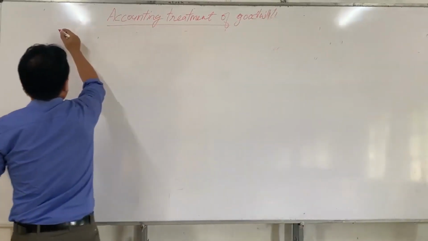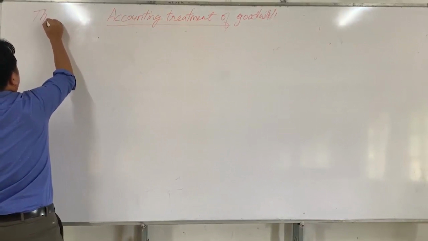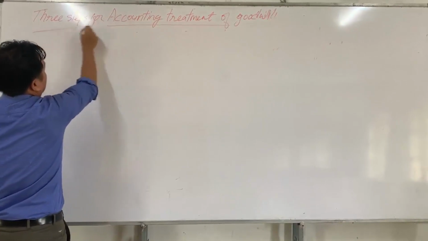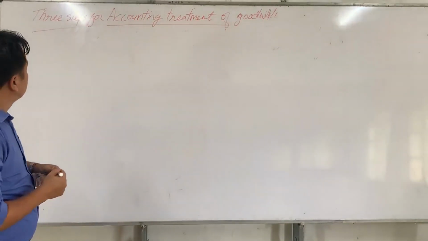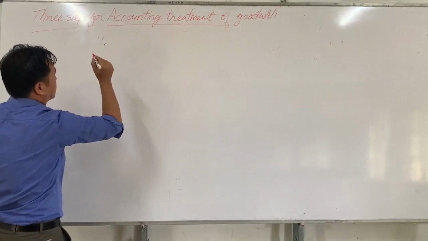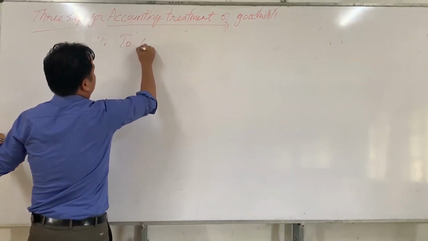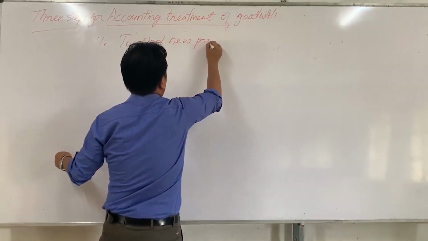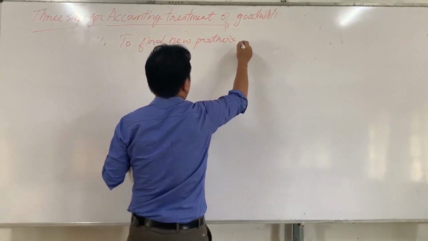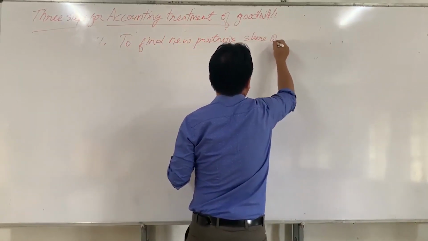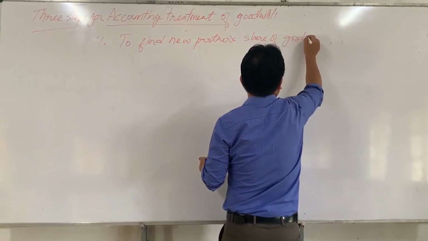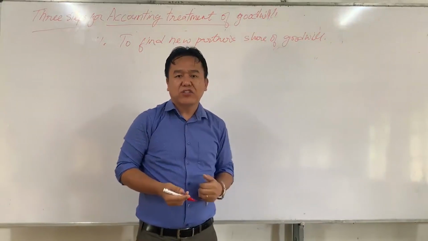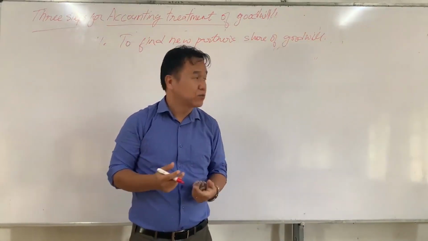So the first step is to find the new partner's share of goodwill. Normally, we don't find the new partner's share of goodwill directly. We have to find it out.